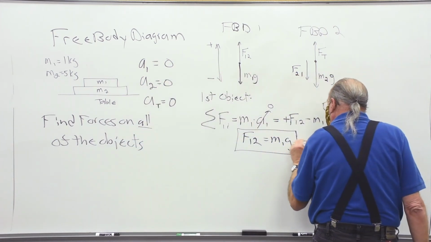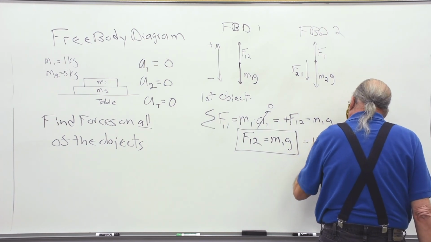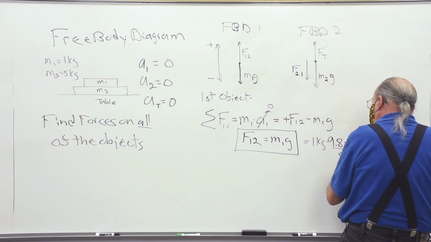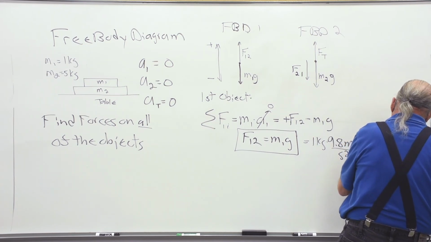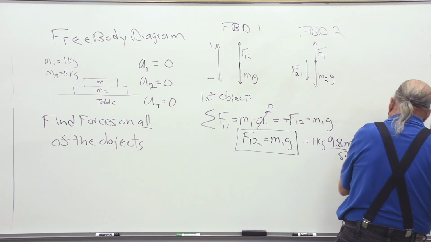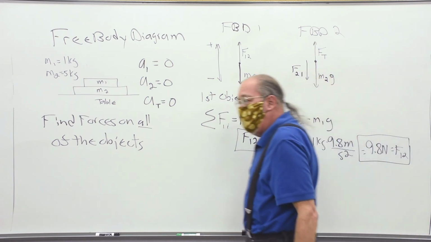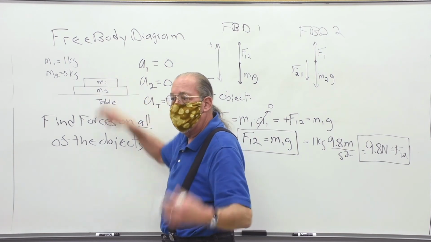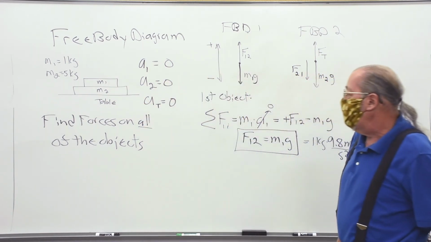This would be equal to 1 kilogram times 9.8 meters per second squared, which is 9.8 newtons, is F12. So we have found one of the forces. You probably knew that just off the top of your head, but we just proved it. Any questions so far?